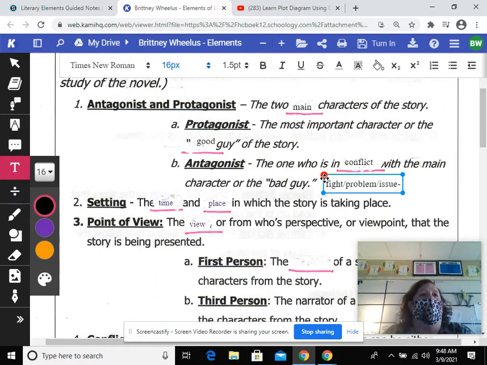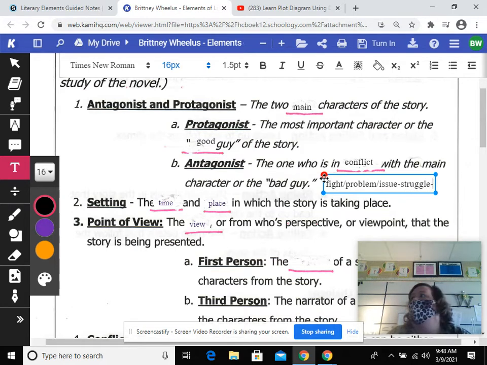Another word for conflict is going to be struggle. You're writing the words into the blank, okay? If you know what the word conflict means, you don't have to write it.